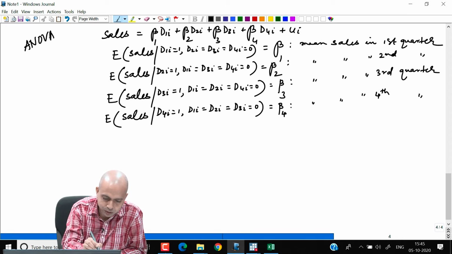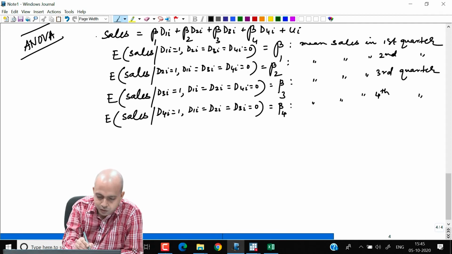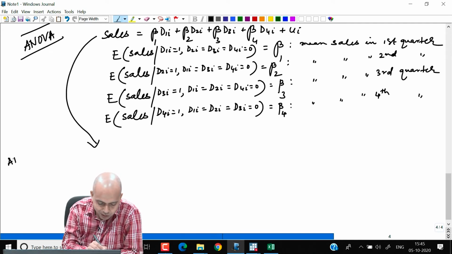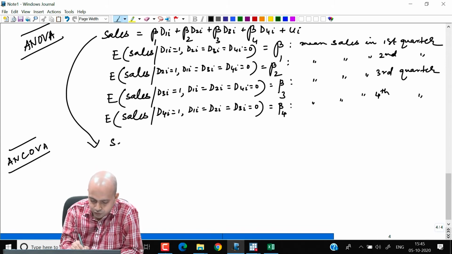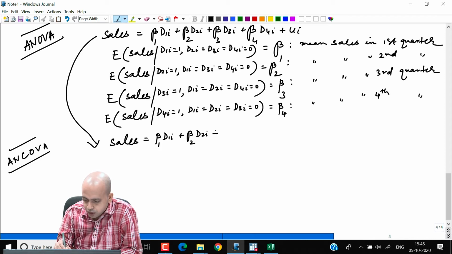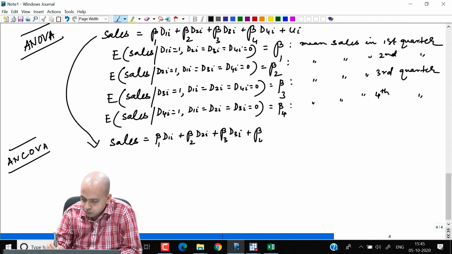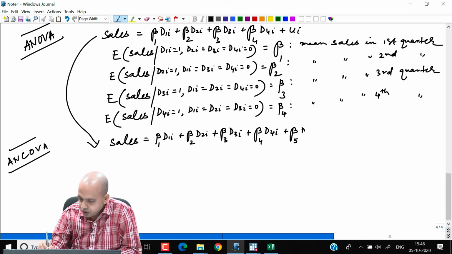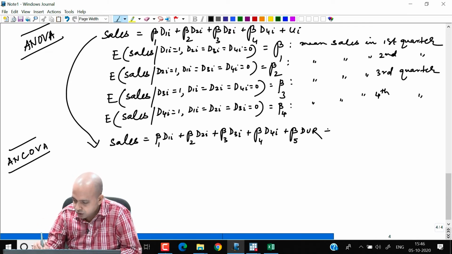Now I will make this model ANCOVA by introducing sales equals, let's say, beta 1 d1i plus beta 2 d2i plus beta 3 d3i plus beta 4 d4i plus beta 5 DUi, that is the expenditure on durables, plus ui.